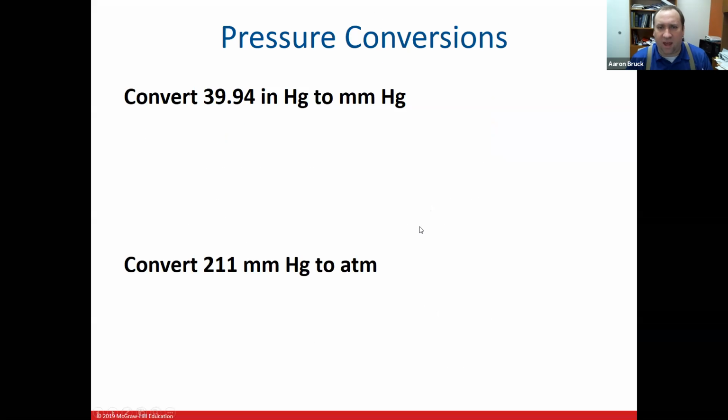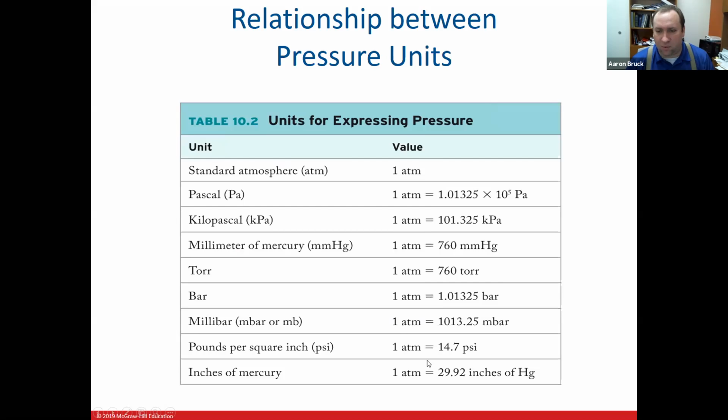Let's go ahead and do some conversion calculations just as practice here. Now, one of the things about this particular table is that since all of these values are relative to 1 atmosphere, the transitive property of mathematics still applies, which means if they're all equal to 1 atmosphere, they're all equal to each other as well.